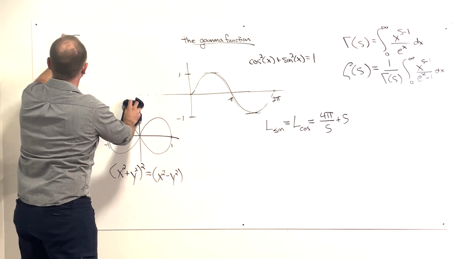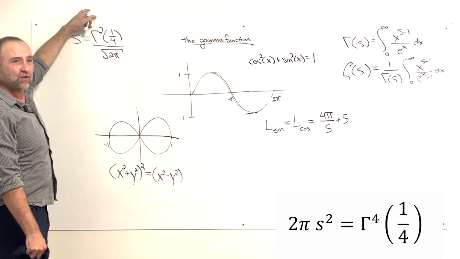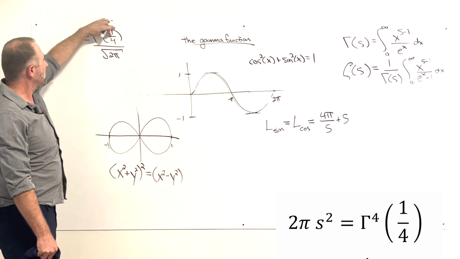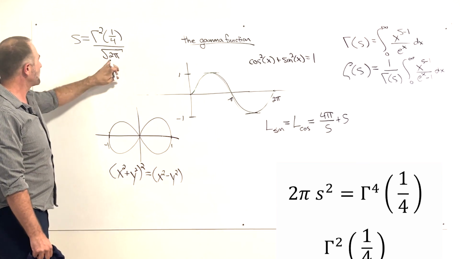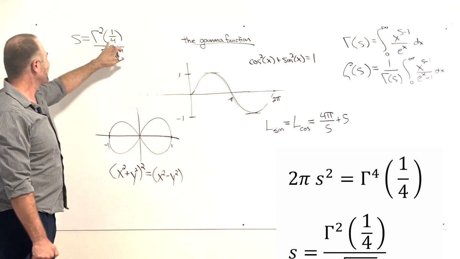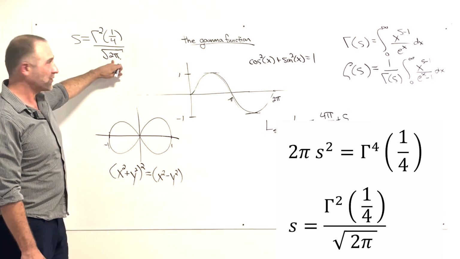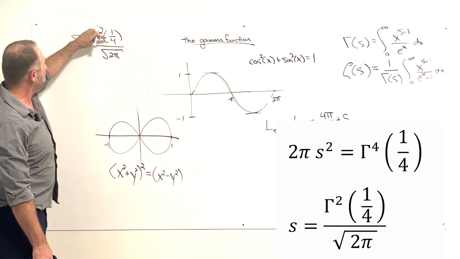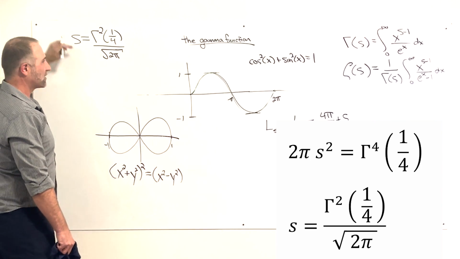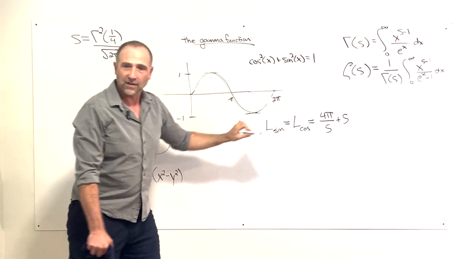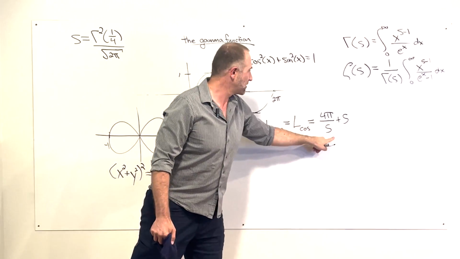So the first one, S, equals gamma squared of 1/4, our argument of 1/4 is a familiar one in our hyperbolic construction, over square root of 2 pi. Beautiful, but this is an answer. This is an exact answer to what the arc length of the sine wave is, right? This value is required for the answer.